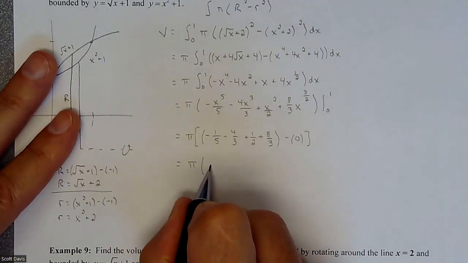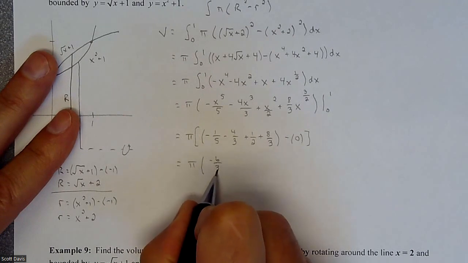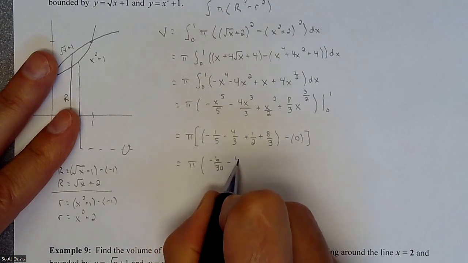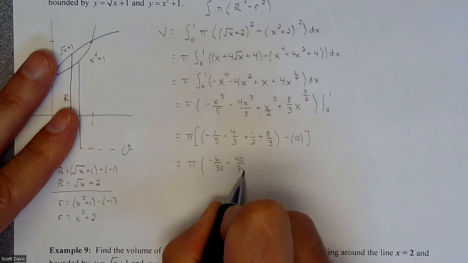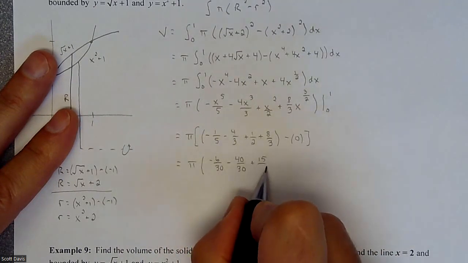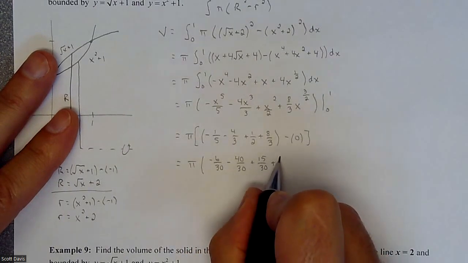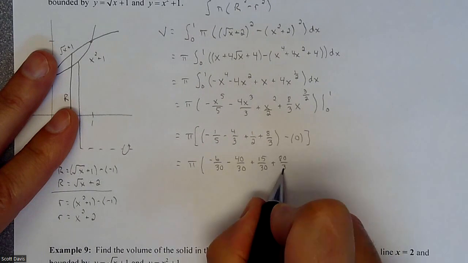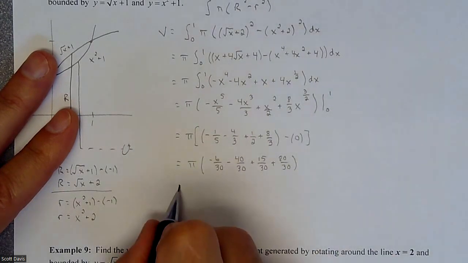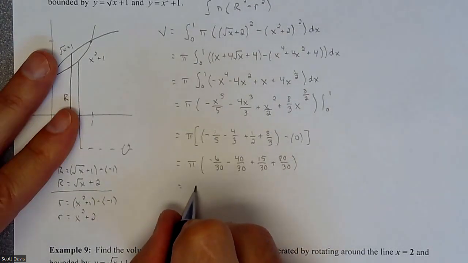So if we make this into a 30, we're looking at a negative 6/30 minus a 40/30 plus a 15/30 plus an 80/30. All right, so if we add all that stuff together, that would give us a 49/30.